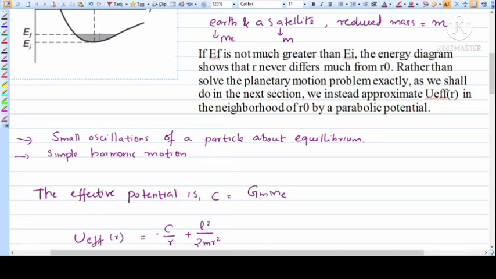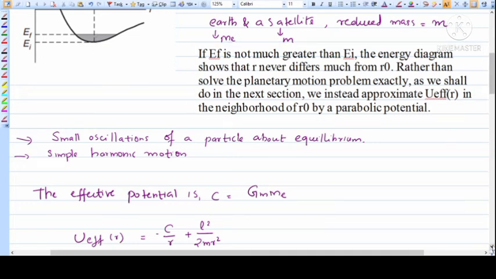Here are the initial and final energy of the system, so this is a bound system. The radial motion of the satellite is simple harmonic motion: small oscillations of a particle about the equilibrium position R0.